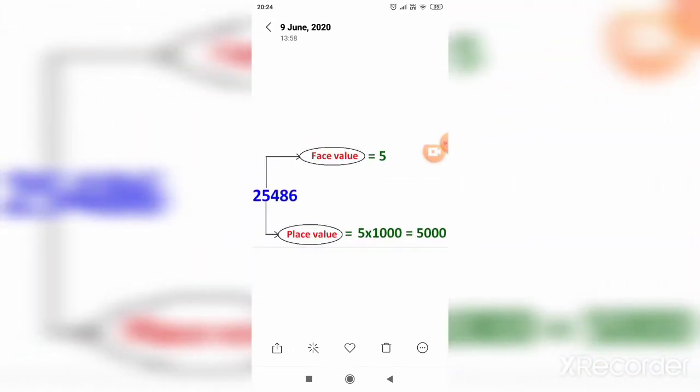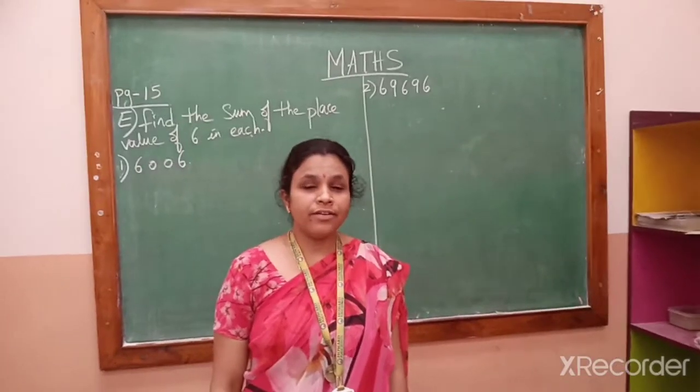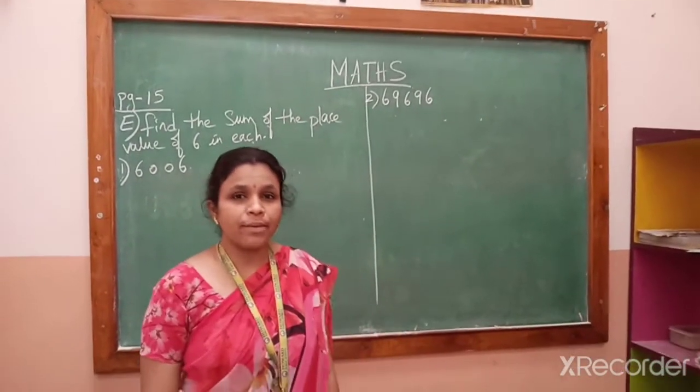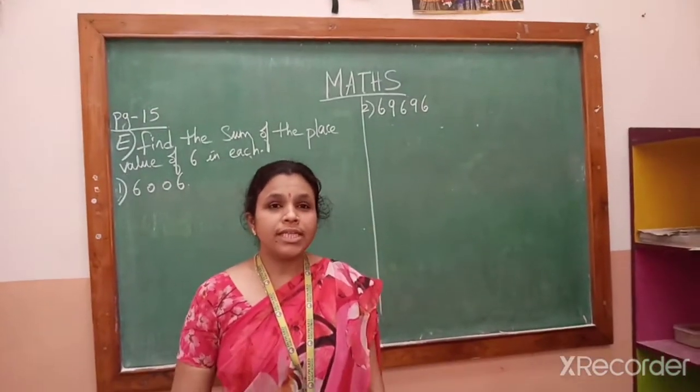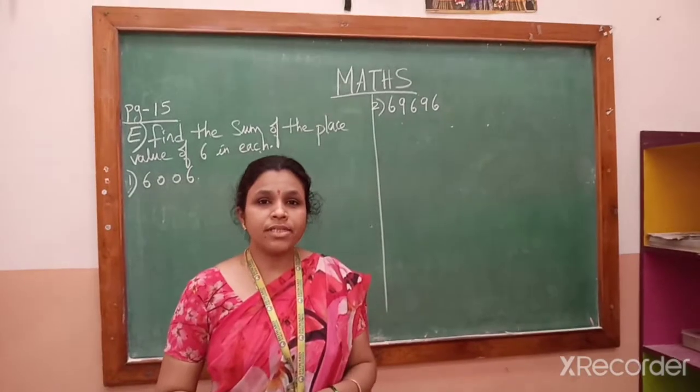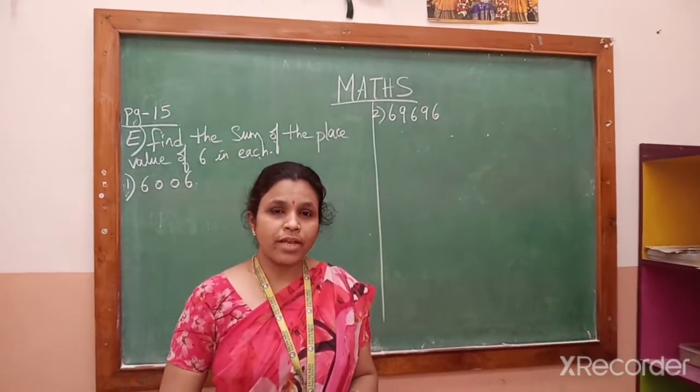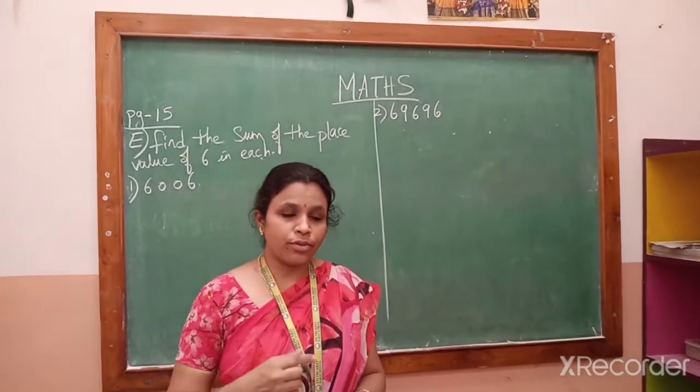You can see one more example of place value and face value of 5, and the difference between both of them. You have learned now how to write the place values and face values, and I have shown you the slides of examples for the place value and face value. You have gone through them, no?